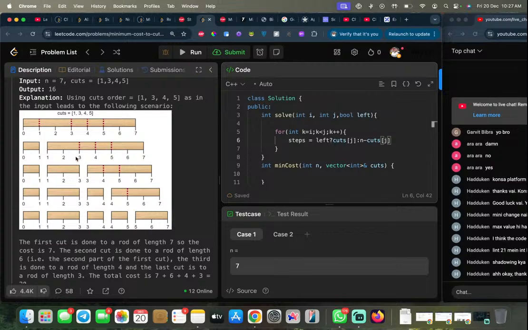So if I make a cut at 2, this size will be 3. At 3, this size will be 3, this size will be 4.